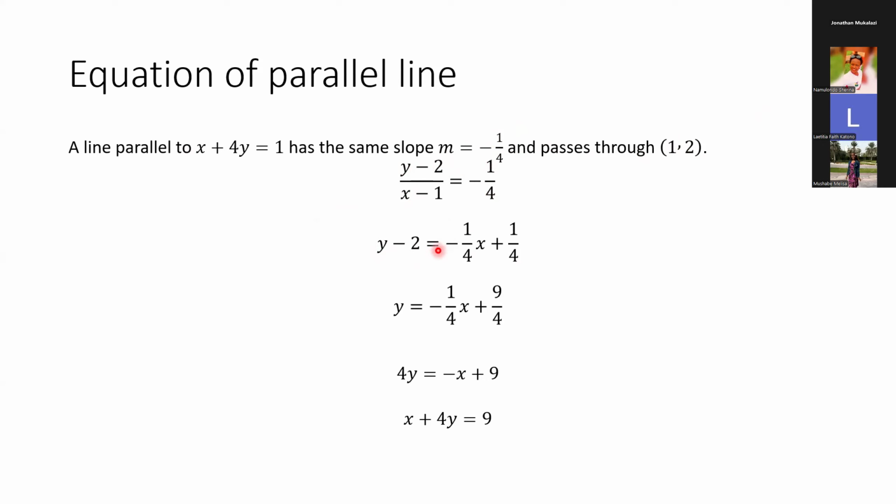Then, manipulate it, and you have y is equal to negative a quarter x plus 9 out of 4. Yeah, and then you have 4y. You can put it the way you want, but when you reach this point, you're pretty much done. You can write it this way or that way. Yeah, that's it. I hope everyone understands.